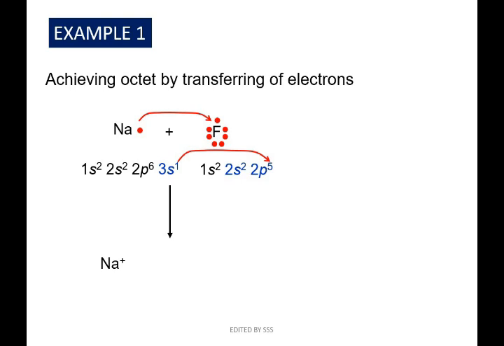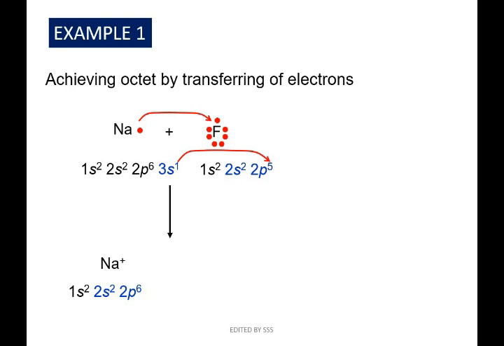The sodium atom turns into a positively charged ion, Na+. Its electronic configuration is 1s2, 2s2, 2p6. The 3s orbital goes away, but leaves a new outer shell containing 8 electrons.